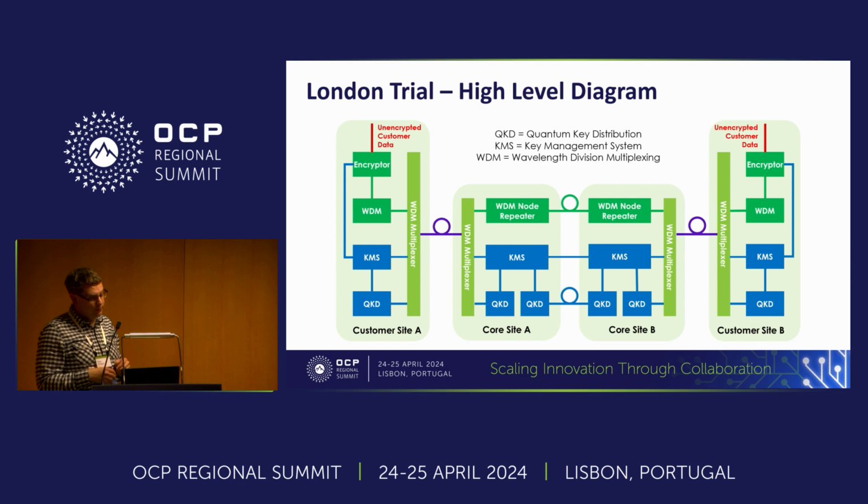And finally, the encryptors, where we're using AES-256 to encrypt the customer data in the trial at present, using a key derivation function which combines the keys distributed by the QKD and KMS layers with the key material established between the endpoints using Diffie-Hellman. And we regularly refresh those keys so that it's constantly getting new keys over time.